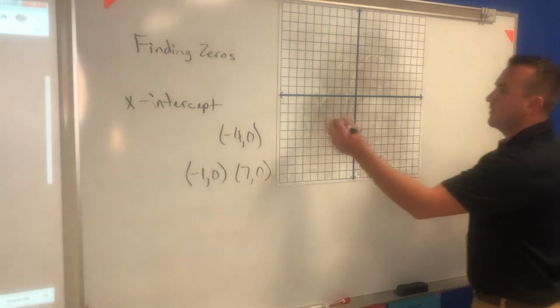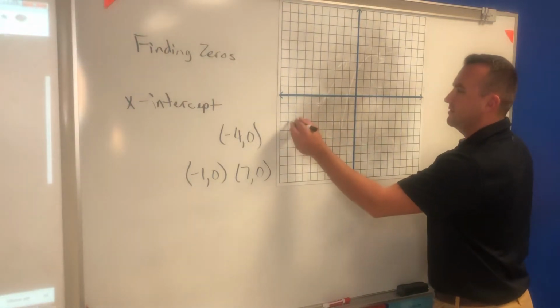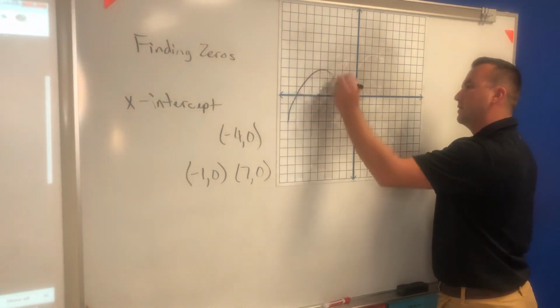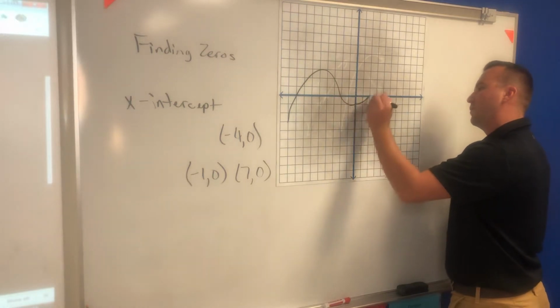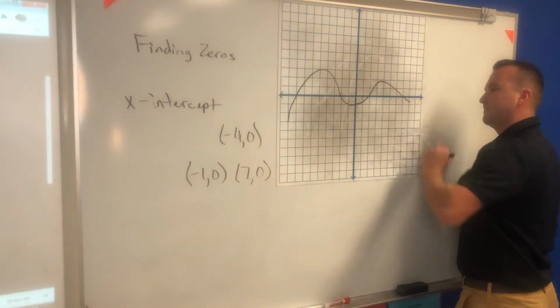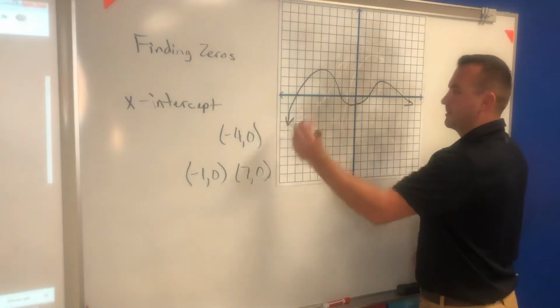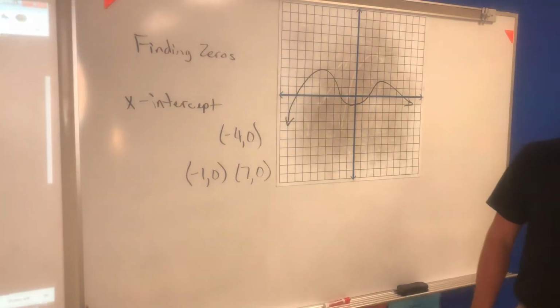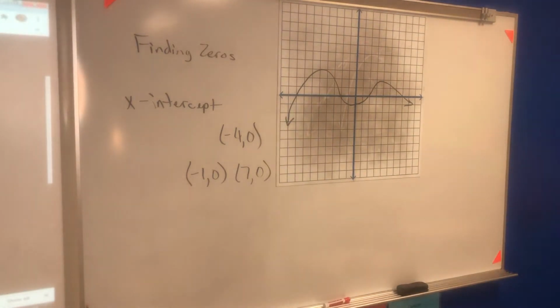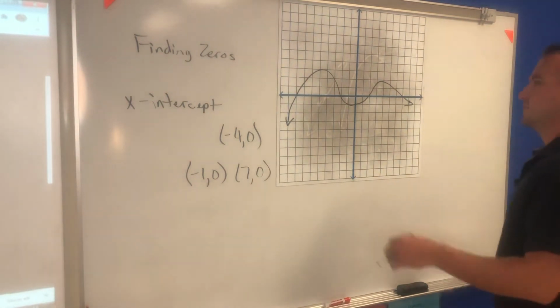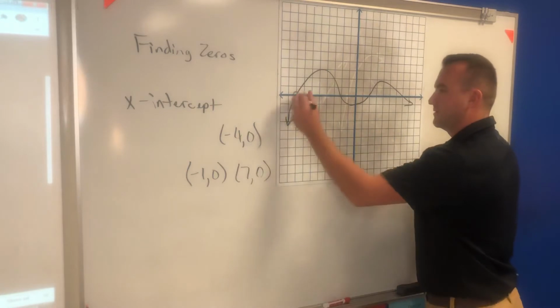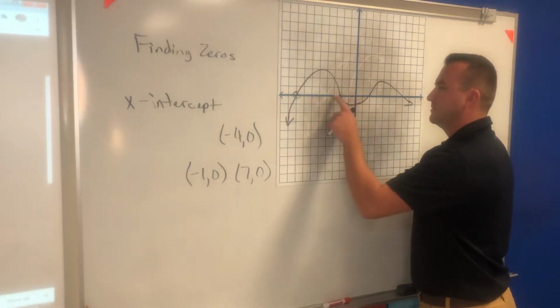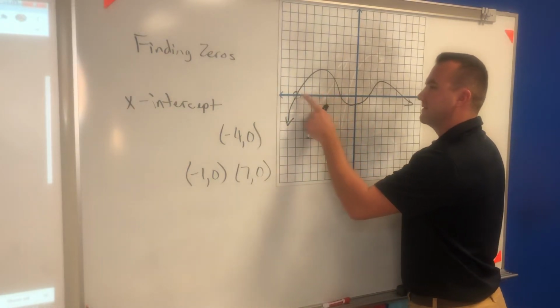You may have some odd ones. They may start out like this. With this kind of line, I've got 4 x-intercepts, or 4 zeros. One is right here, and it would be 1, 2, 3, 4, 5, 6, 7, 8.